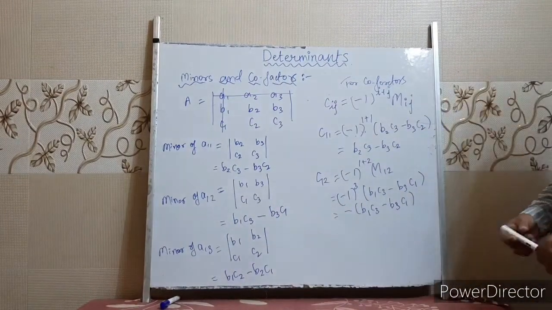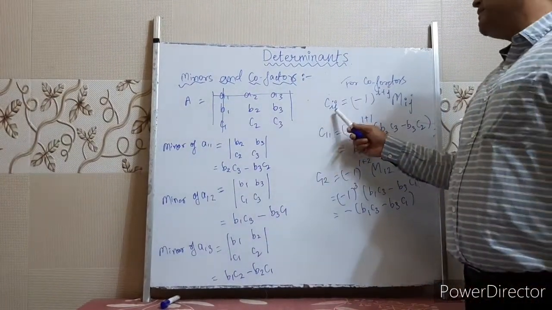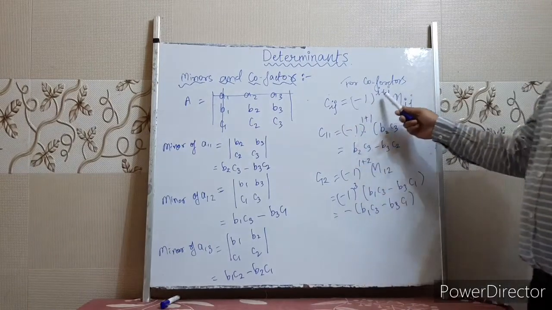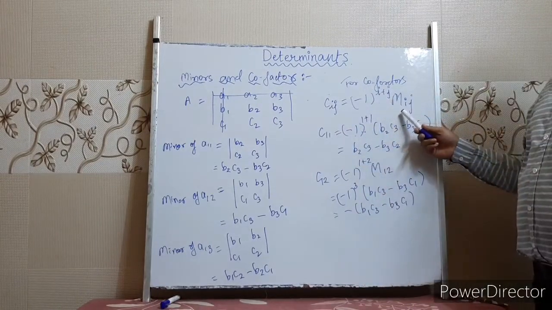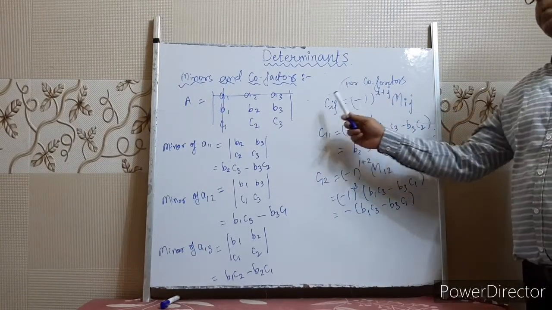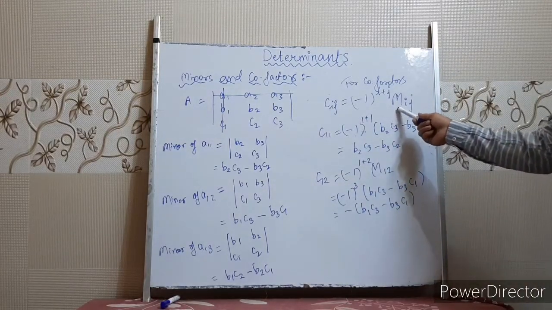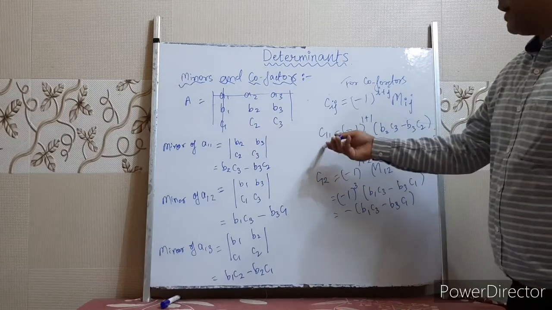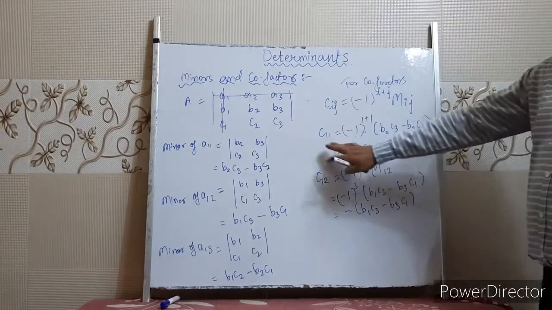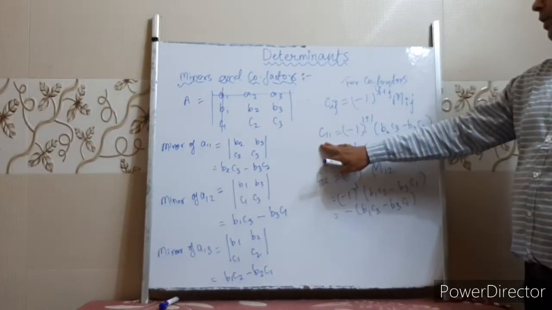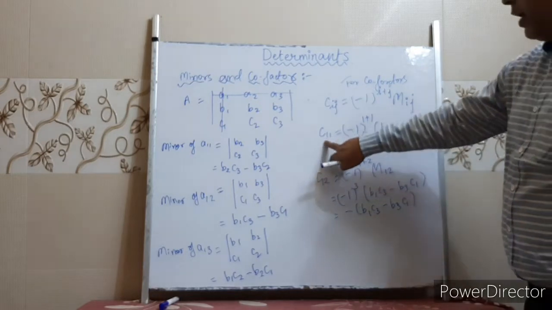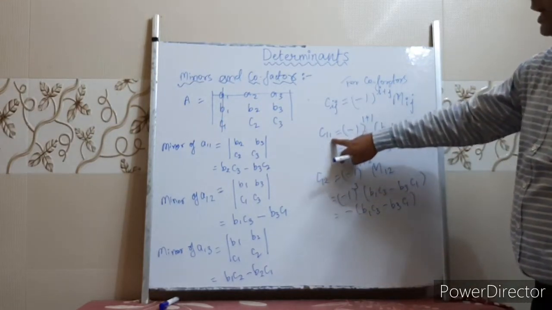Now suppose we have to calculate the cofactor. For calculating the cofactor, the formula is Cij equals minus 1 to the power i plus j into Mij. This C represents the cofactor and this M represents the minor. Right, children? So suppose we are calculating the cofactor of first row and first column. Here the value of i is 1 and the value of j is 1.